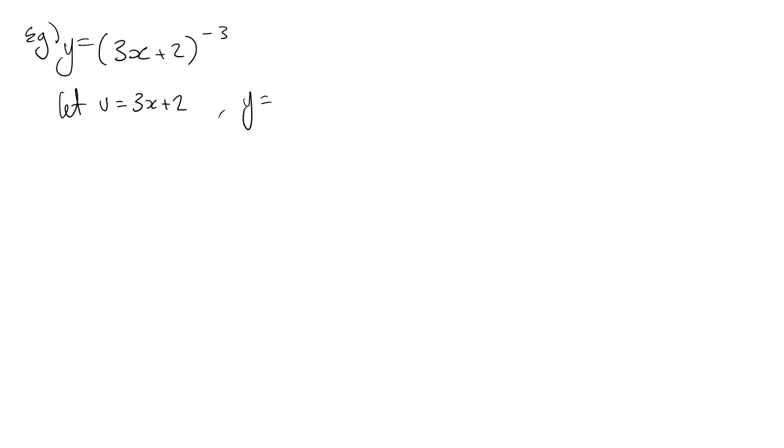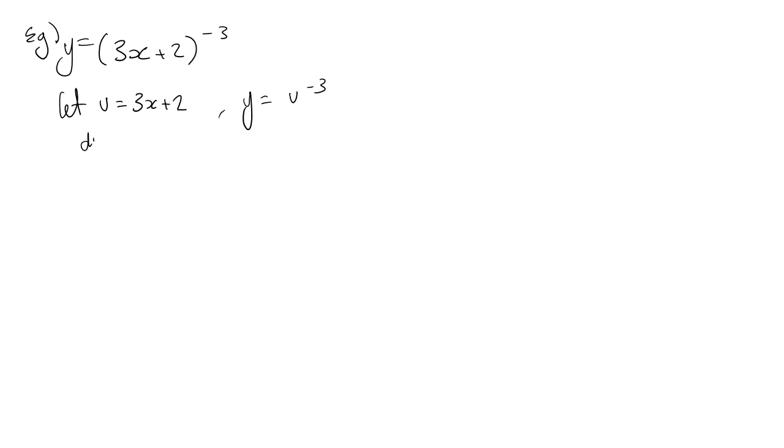Okay, and we'll finish the video with one more example. Let's say we had 3x plus 2 to the power of negative 3. This one's a very easy question. So we let u equal 3x plus 2. So our, that should be y. So our function becomes y equals u to the power of negative 3.